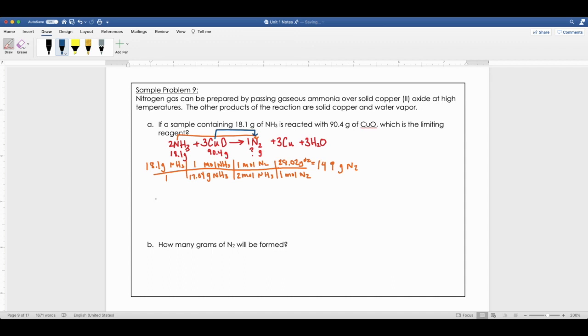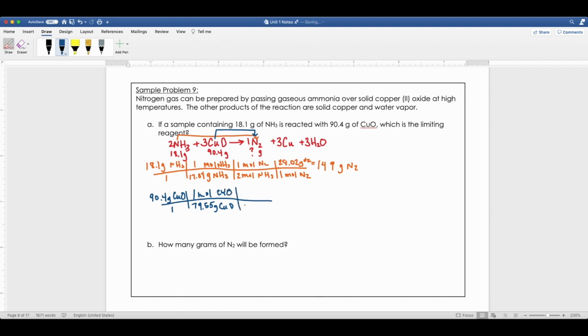So I'm going to do the same exact thing, just starting from the other reactant. A nice little stoichiometry problem here. Molar mass is 79.55 grams. That's a 5. CuO is equal to 1 mole CuO.